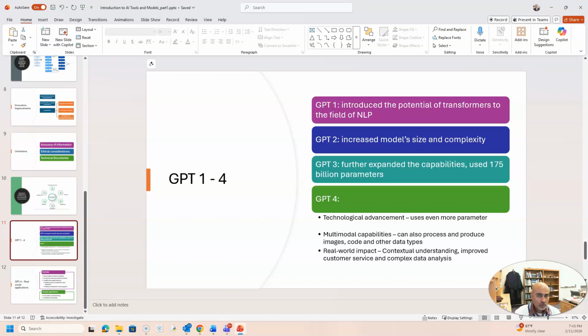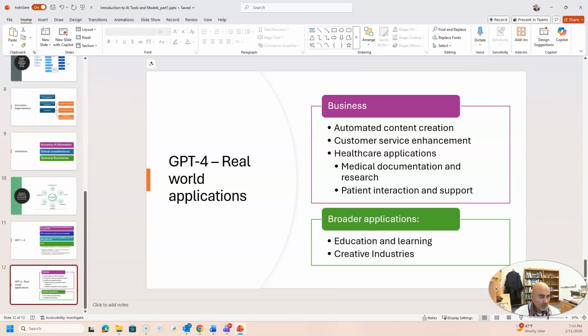And of course, with all this advancement, it has opened up new avenues for its applications. So you can see applications in business. We already talked about some of the automated content creation. It allows you to create high quality content, reports, marketing.